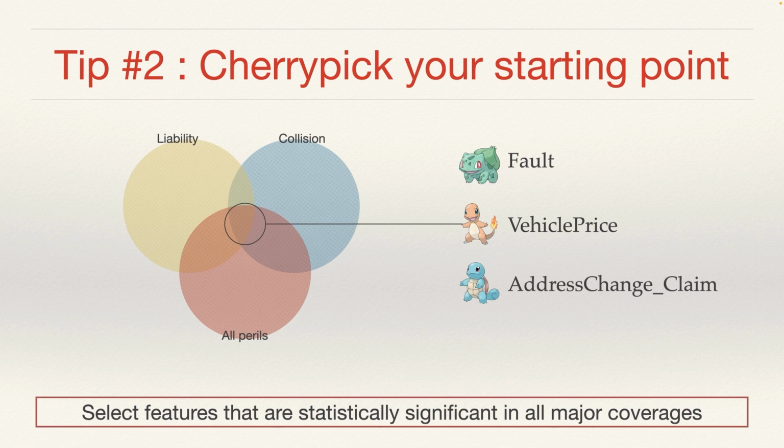And the three columns that we have are fault, whether the accident, whose fault is it, and the vehicle price, and the address change claim. So these three are the main columns that we're going to look into, and I'll let you know the details when we go into coding.